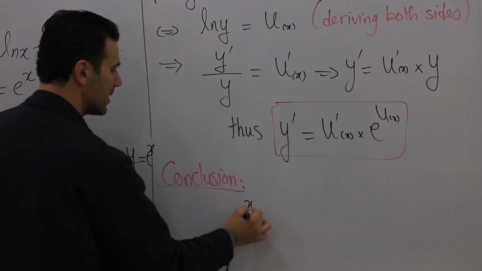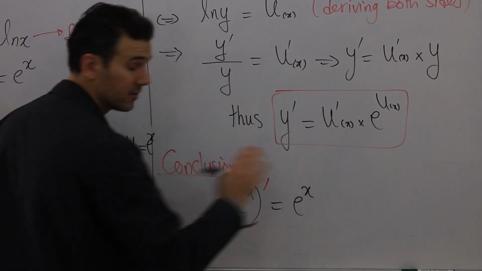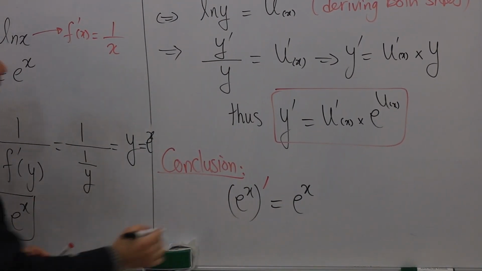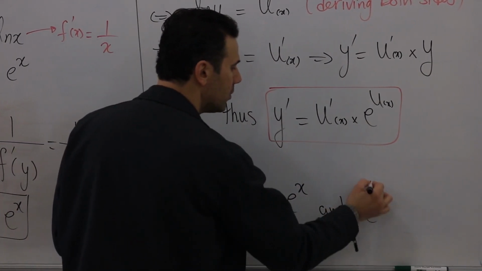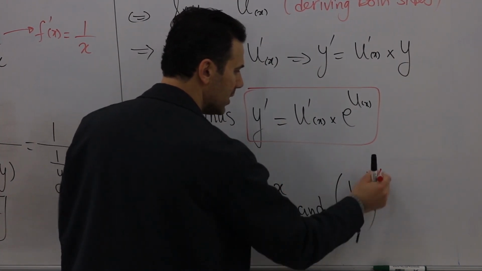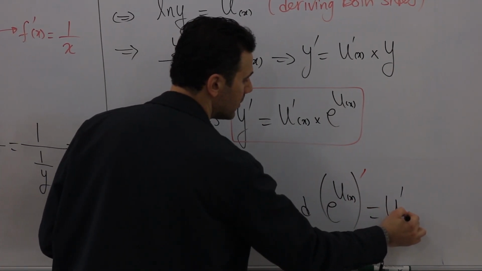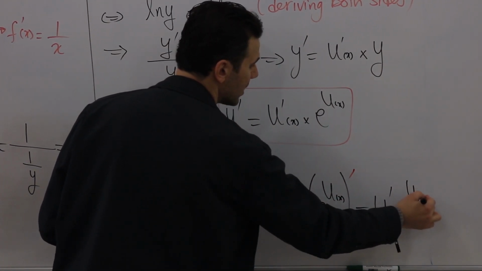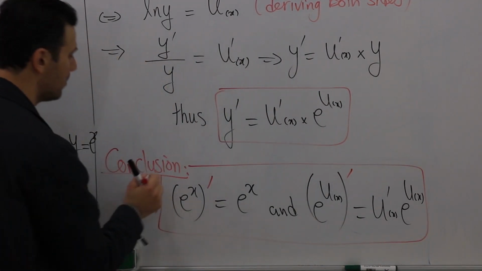There are two cases. e^x: its derivative is e^x itself, directly without proof. And the second case, the general case, e^u: its derivative is u prime e^u itself. Again, don't miss these two main rules.